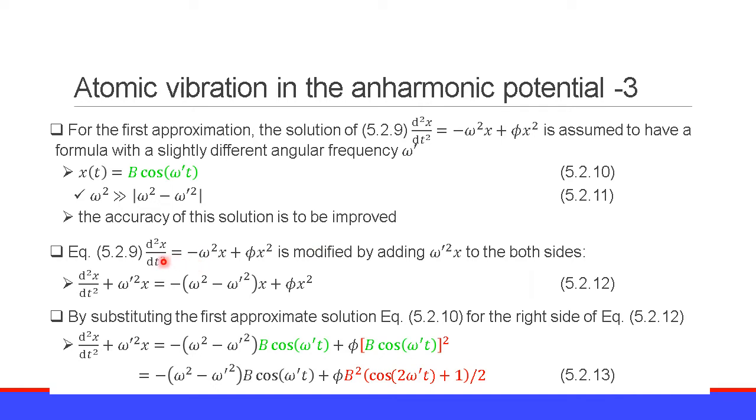Then equation 5-9 is modified by adding an omega prime squared x term to both sides.